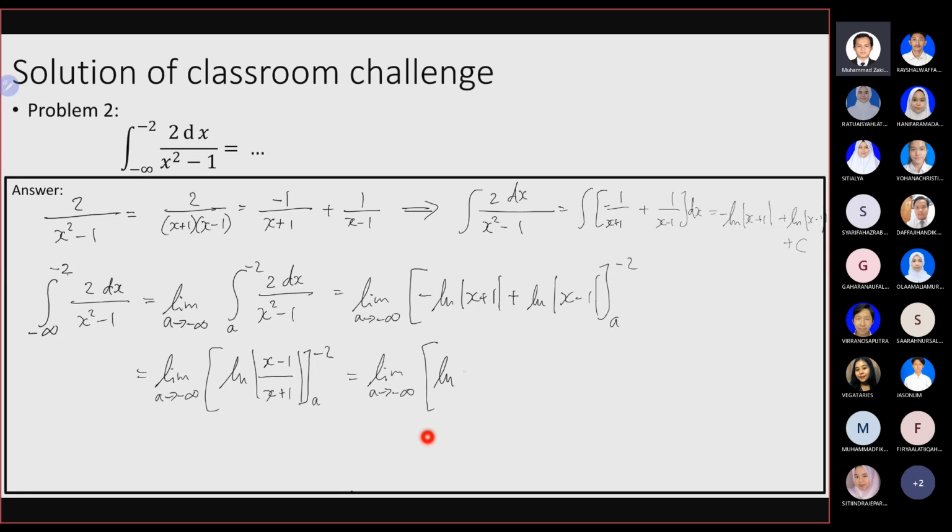So ln 3 minus ln of a minus 1 over a plus 1, which is equal to ln 3 minus ln 1, which is equal to ln 3. That's it. Any question for this one? Is it clear?